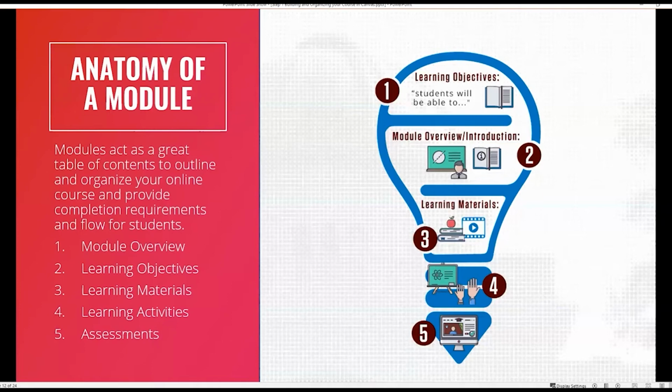A module review or an introduction, the learning materials that they will need, and the activities that they will be covering for that specific week. So that's going to be assignments, discussions, quizzes, different projects that they will be working on for that specific week. So it's basically what the modules should cover.